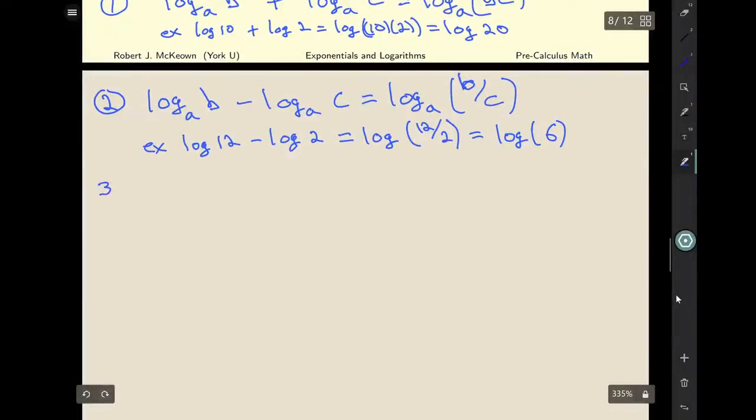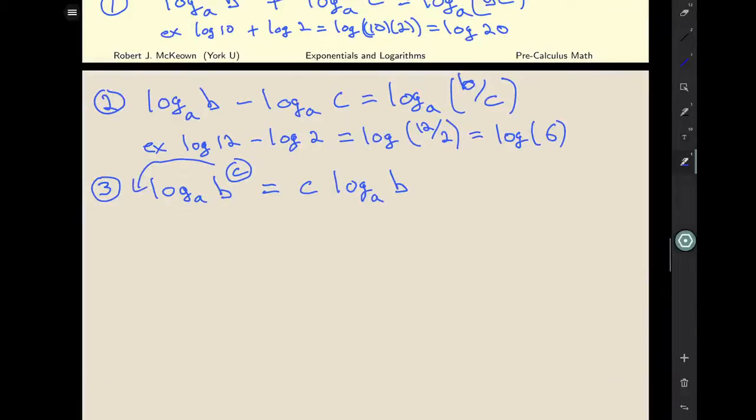Now let's look at rule 3. Rule 3 says that if we have log base a, b to the power of c, then that's equivalent to c log base a, b. And so the exponent can move down in front.